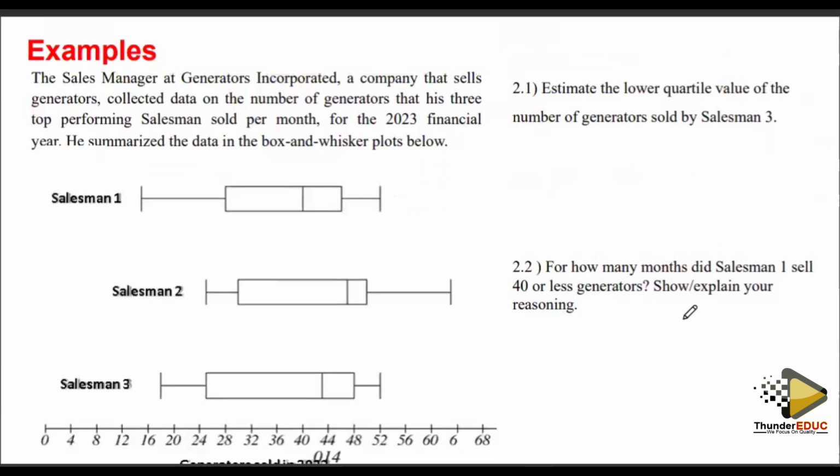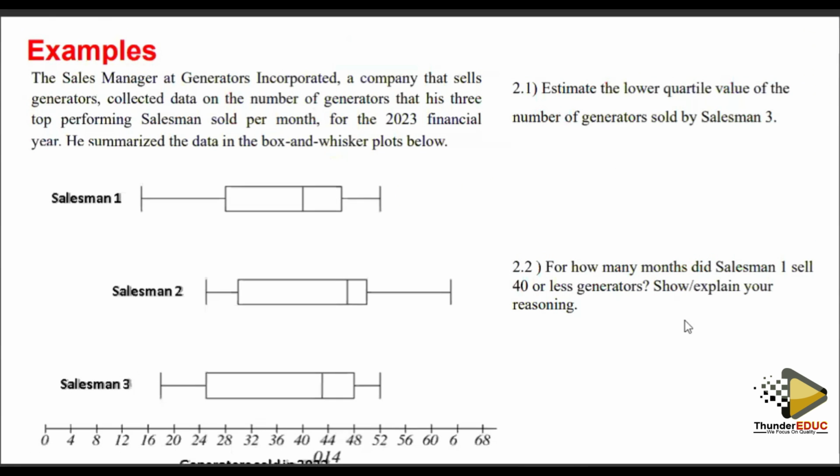All right, here we have this example. The sales manager of Generators Incorporated, a company that sells generators, collected data of the number of generators that his 3 top performing salesmen sold per month for the year 2023.